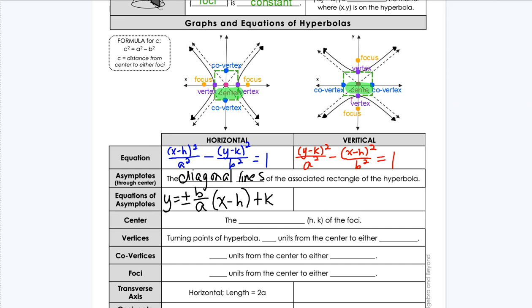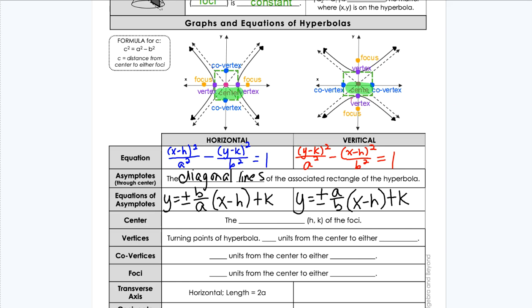You can see those asymptotes are going a little steeper than the one in the vertical. That's because when we do the vertical asymptotes, those lines are going to be plus or minus a over b, times the quantity x minus h, plus k. So they're going to have a less steep slope. That small flip in the fraction changes the steepness of the lines, which then creates the different pictures depending on which way it's oriented.